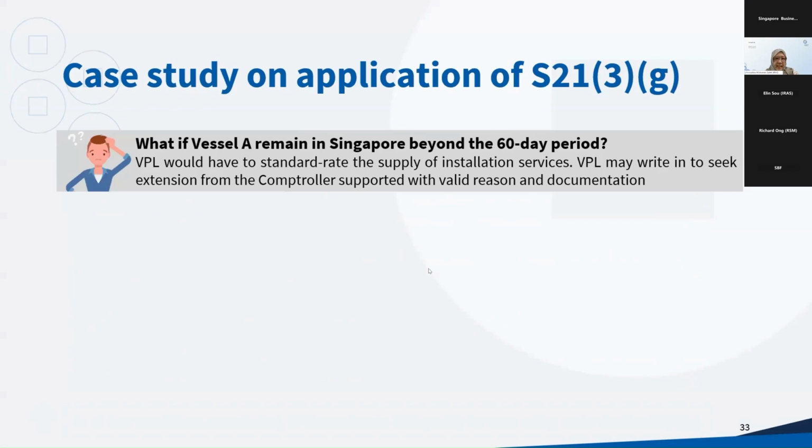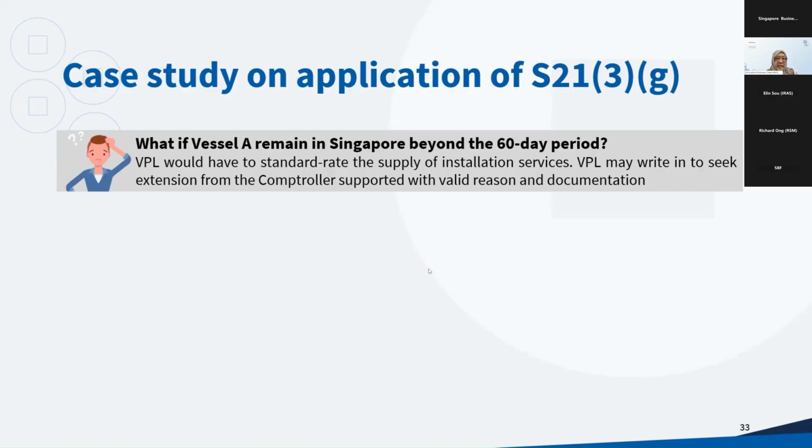Okay, so what happens if vessel A remains in Singapore for more than 60 days? Then VPL would have to charge GST on the installation works to VAS. Alternatively, if there are genuine reasons, they can write into IRAS to request an extension beyond this 60-day period.